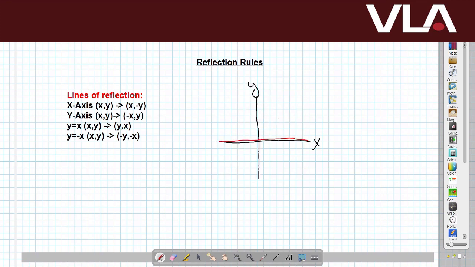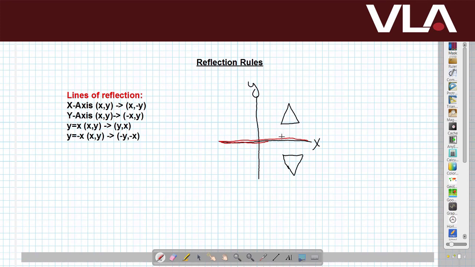That's my x here. So for instance, if I had a triangle here, if I reflect it across the x, a mirror image of it, I'm gonna guess, it would look something like that.